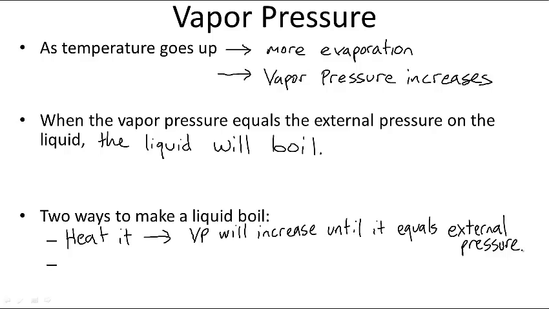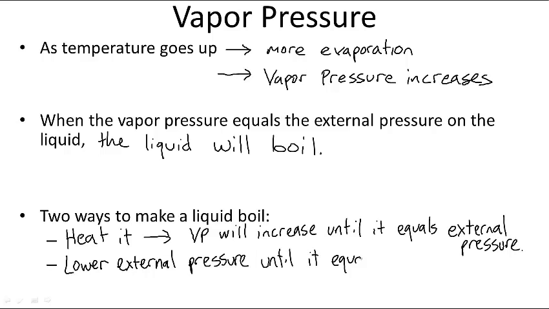What does this imply about a second way to make a liquid boil? You could keep the vapor pressure the same but lower the external pressure until it equals the vapor pressure.